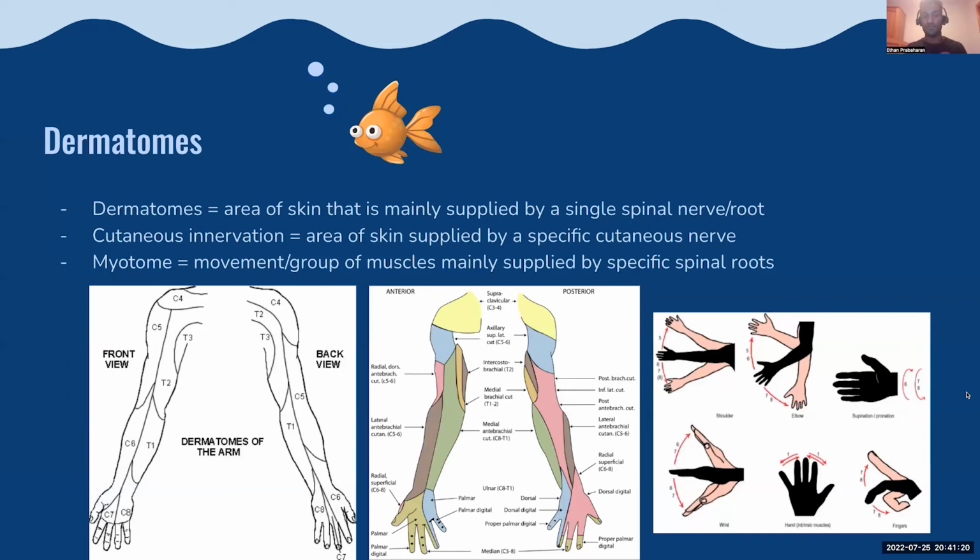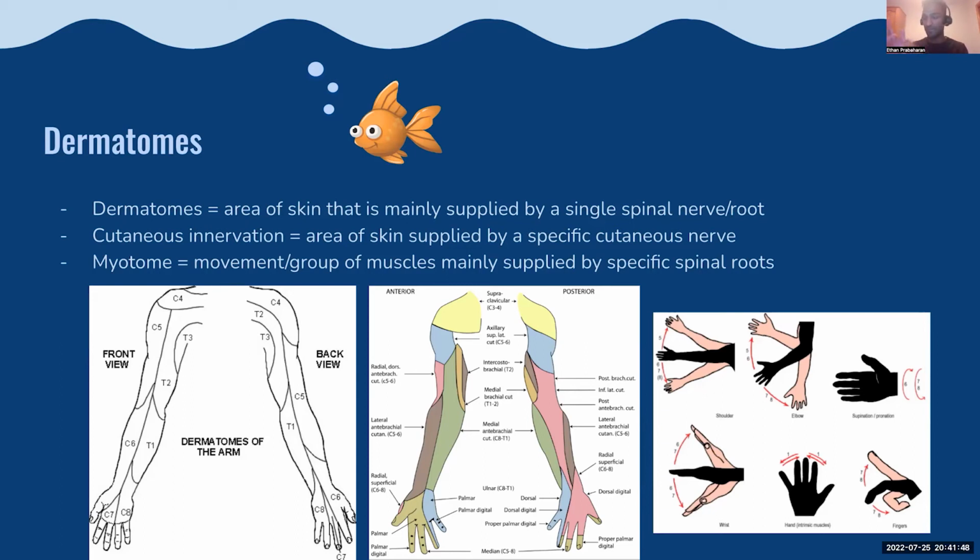Now we have dermatomes, cutaneous innervation, and myotomes. So you'll talk about this a little bit in your lecture. A dermatome is an area of skin that's mainly supplied by a single spinal nerve root. So just one root. For example, we have a dermatome map of the arm, and your thumb is in the dermatome C6.